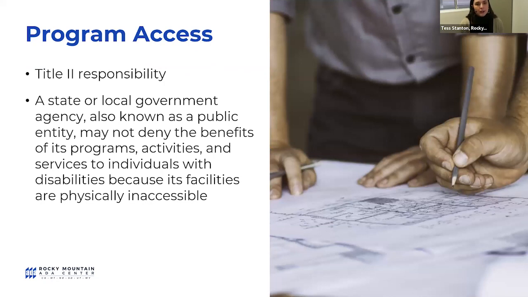Title II responsibility to provide program access means that a state or local government agency, also known as a public entity, may not deny the benefits of its programs, activities, and services to individuals with disabilities because its facilities are physically inaccessible. So in other words, Title II facilities have the responsibility to comply with the standards and provide physical accessibility because they have to provide program access. Taxpayers have to be able to use the facilities and participate in the programs that Title II entities provide.